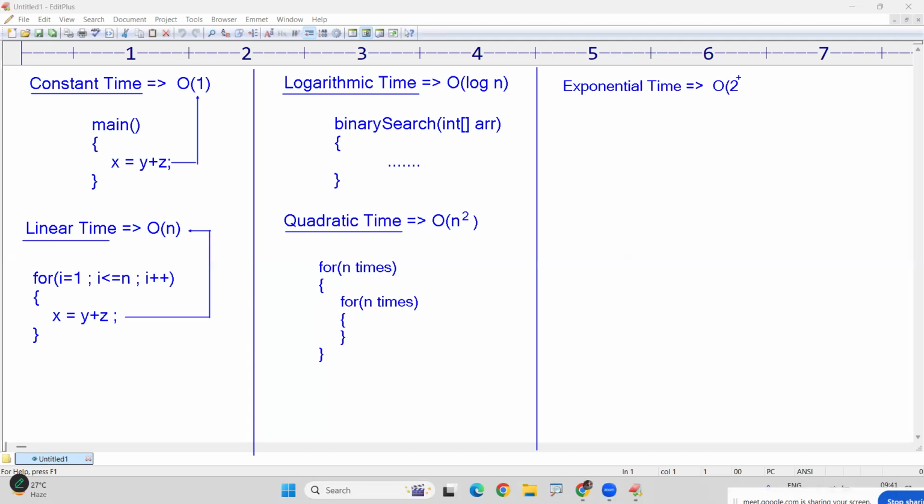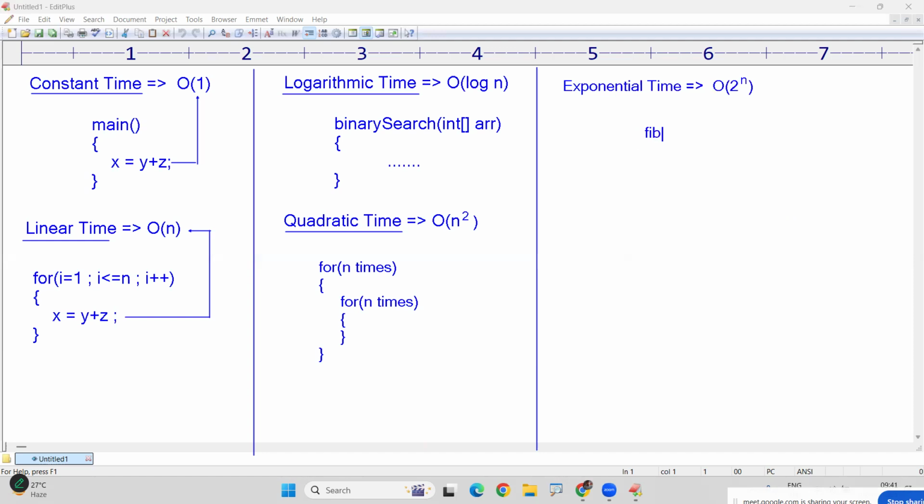Because of that number of iterations, execution time doubles with each increase in the input size. Double, double, double.